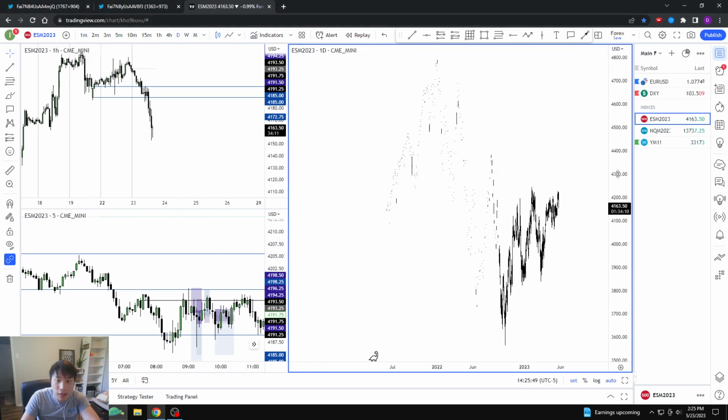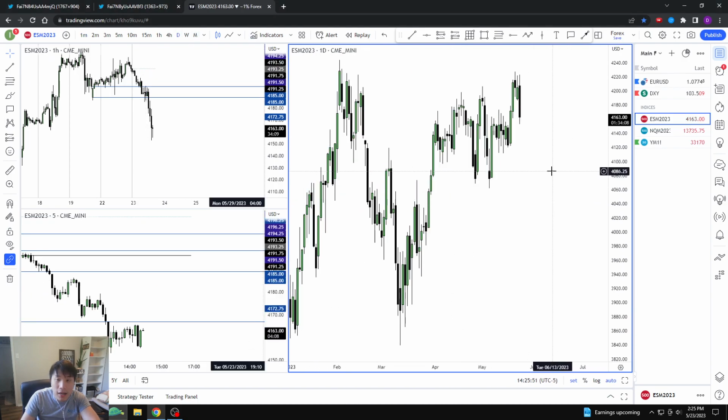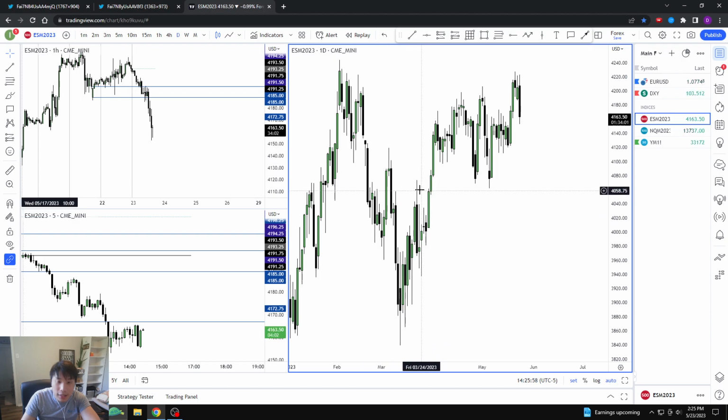So starting off on Yasmini, I'm looking at the daily narrative. Looking at the lows that have been taken, I'm looking at sell side liquidity and new highs being made. I'm also looking at what premium and discount arrays are being respected.